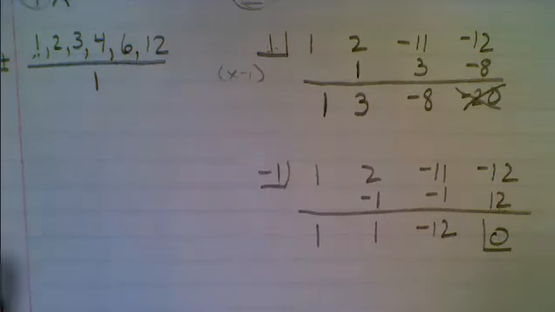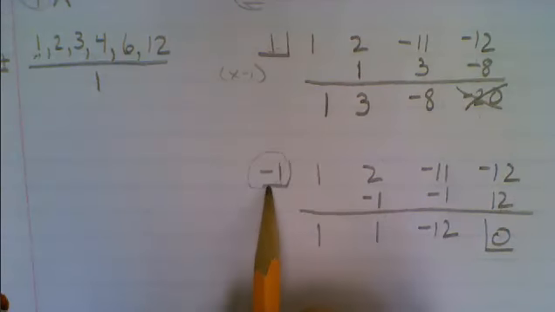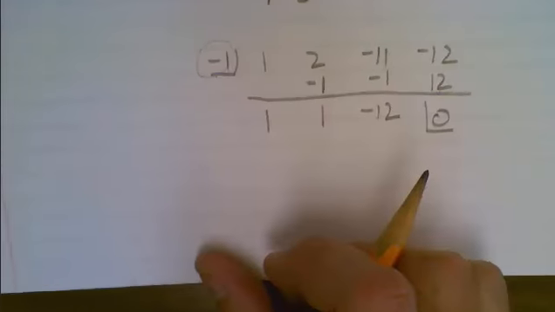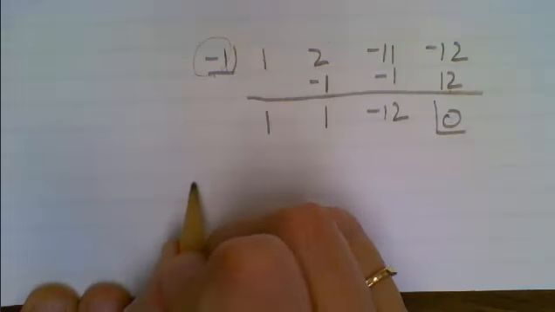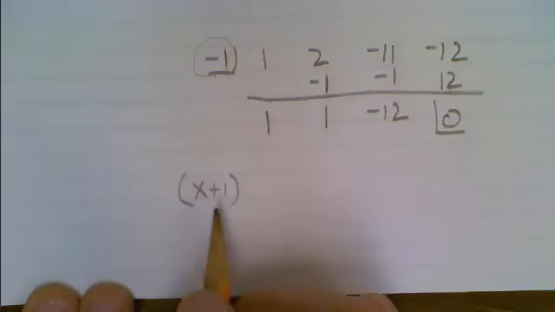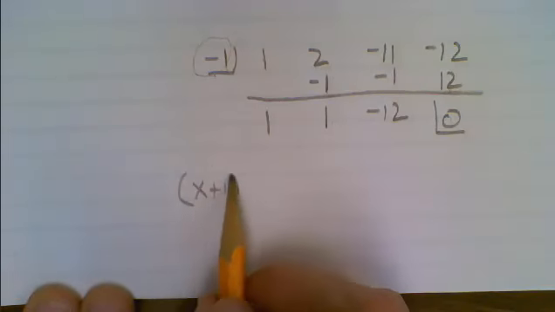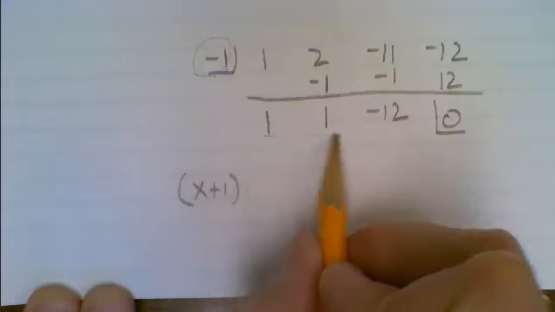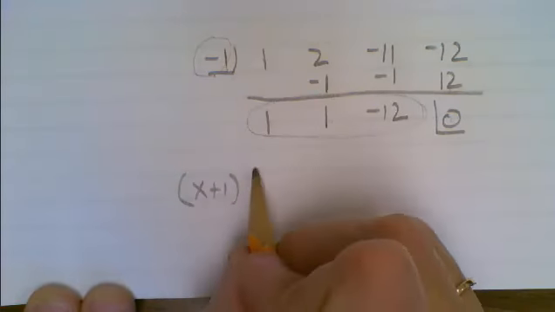So what does that mean? Well, because negative 1 is a root, one of my factors is going to be x plus 1. Again, because the root of that is negative 1. When I set that equal to 0, I would get negative 1 for a root. This is what's left after I factor that out.